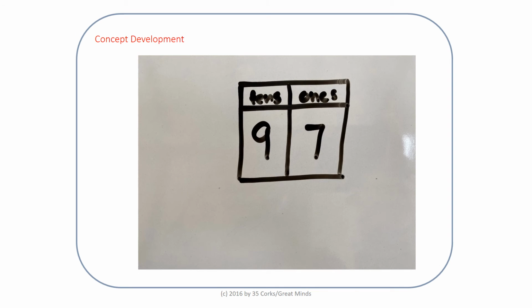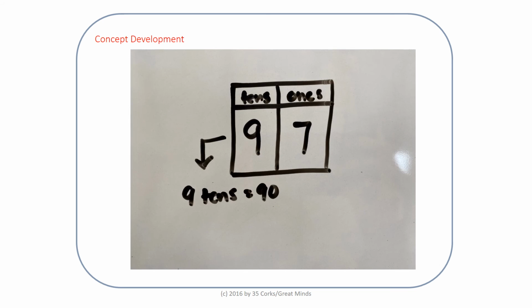I have the number 97. What does the digit 9 stand for? Good, 9 tens. And 9 tens is the same as 90. Good job. What does the digit 7 stand for?